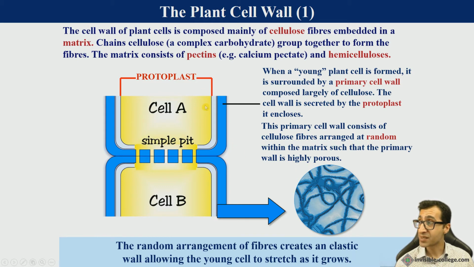During the young phases of the cell's development, this randomized, coiled configuration of the cellulose fibres allows the cell wall to expand as the young cell becomes larger and grows.